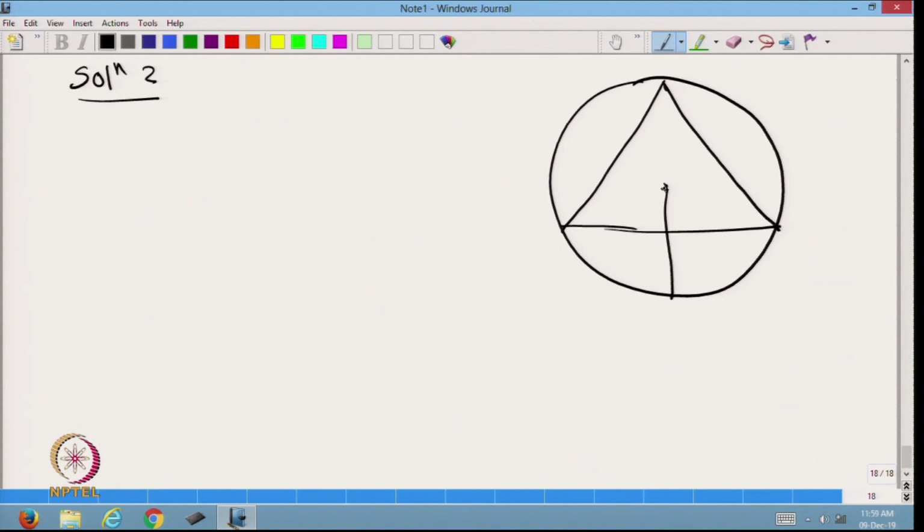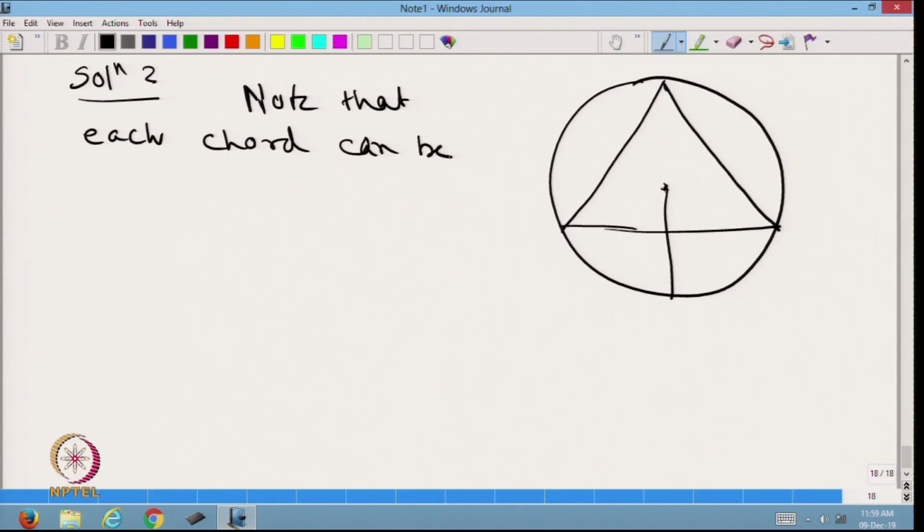Now, we want to draw an arbitrary chord. Note that each chord can be characterized by its midpoint.